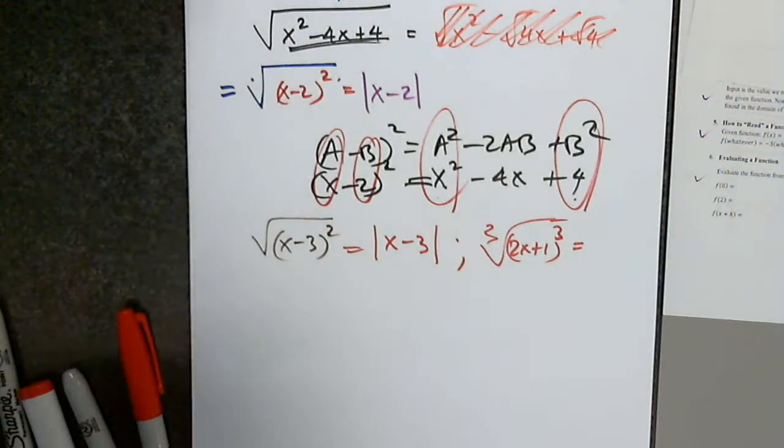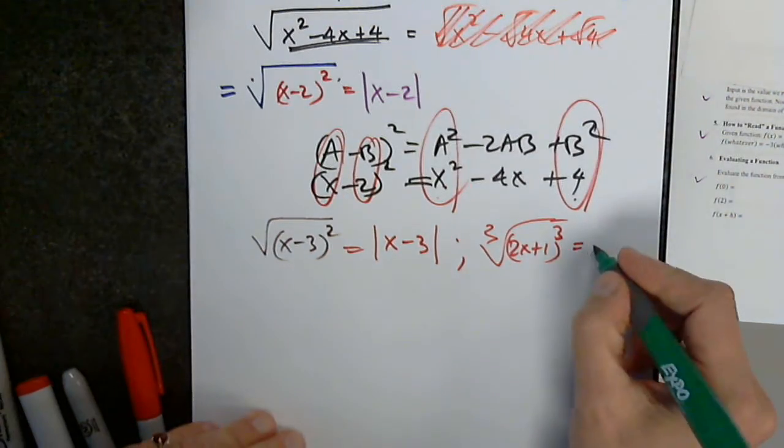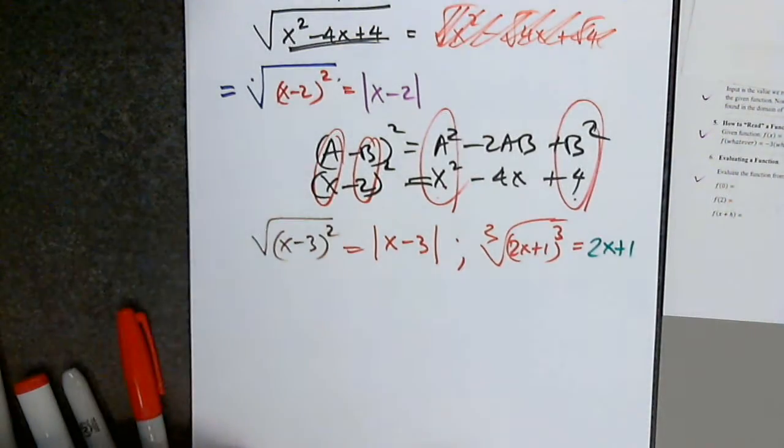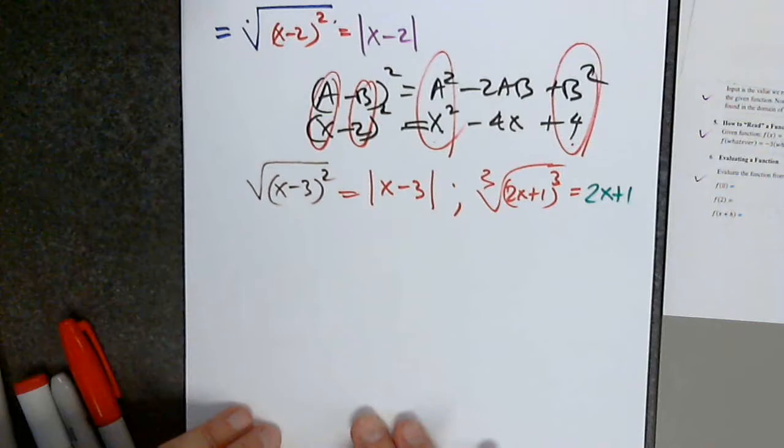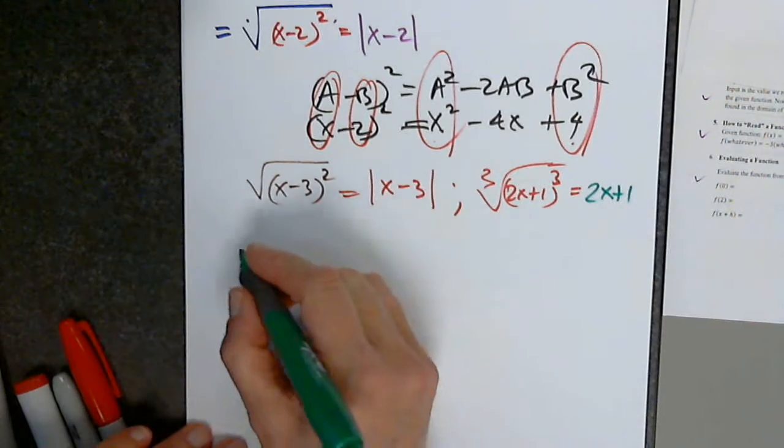Anyone? Exactly. Does it need absolute value? Why? The index is odd. Okay, last one.